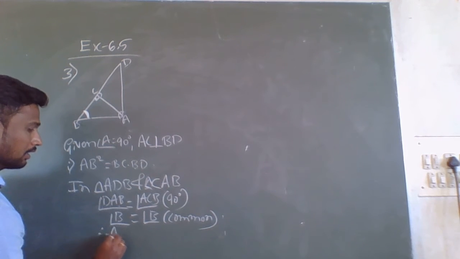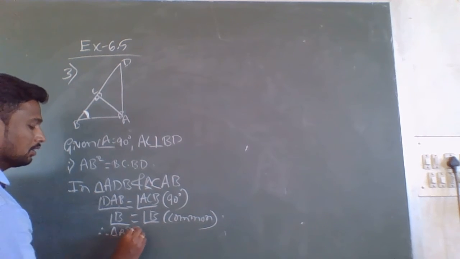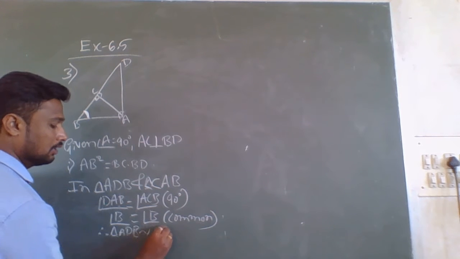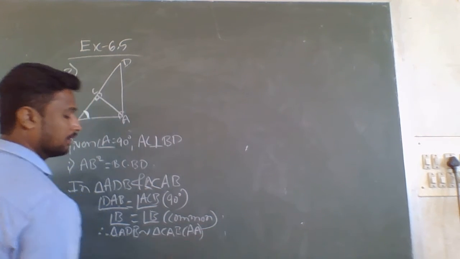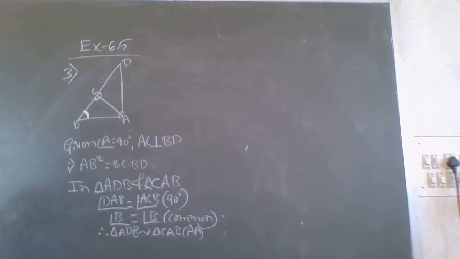Therefore, triangle ADB is similar to triangle CAB by AA. If these two triangles are similar, then corresponding sides are proportional.